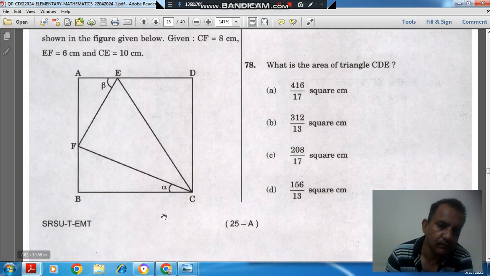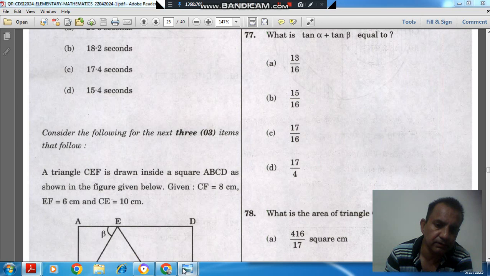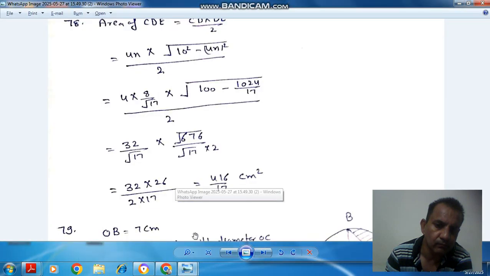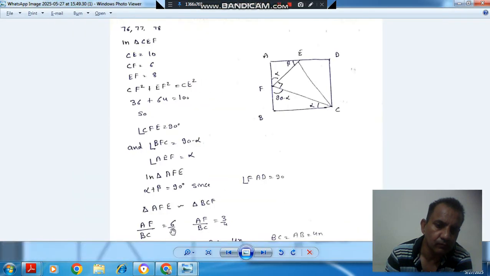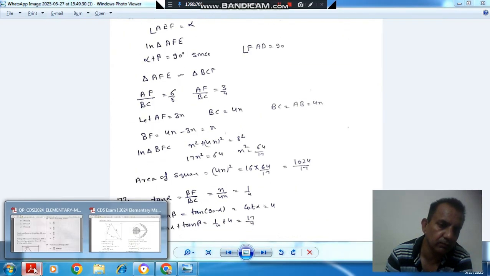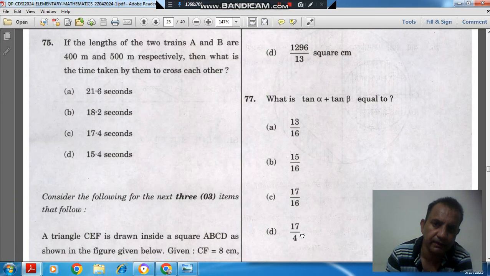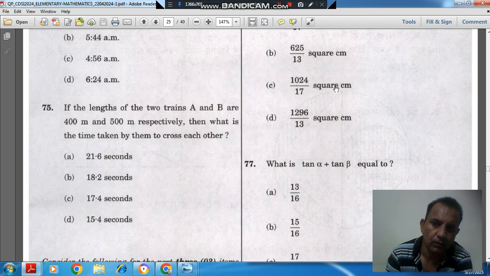So the answer is option A here, and tangent alpha plus tangent beta is 17 by 4 for this, and 1024 by 17, so the answer is option D here, and here it is option C.